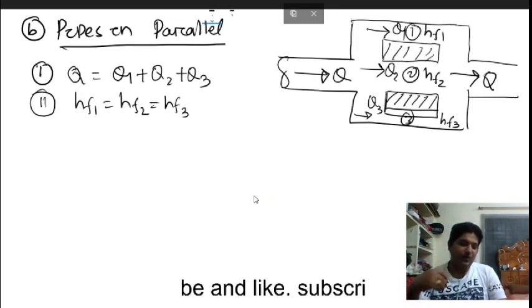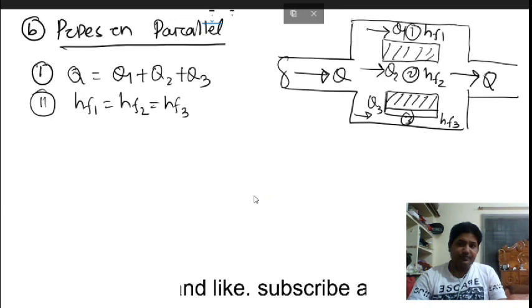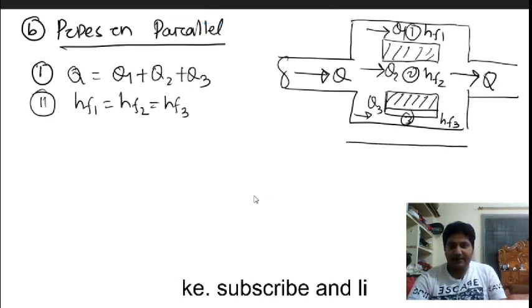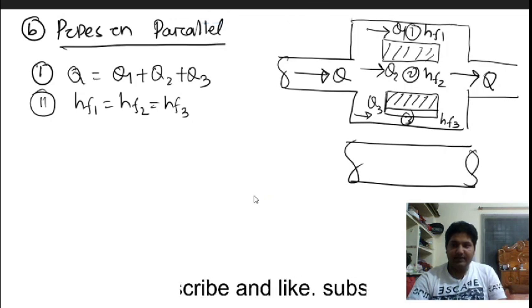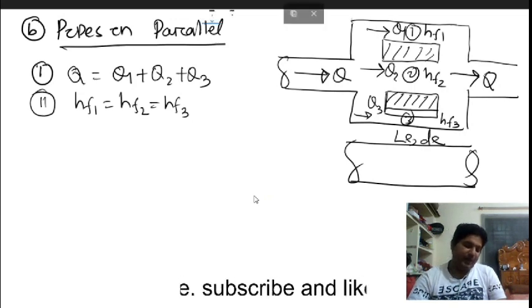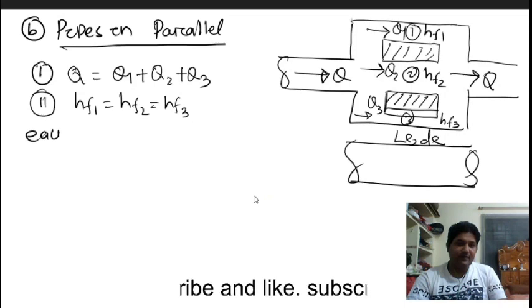Now you have to draw the equivalent pipe. This is my equivalent pipe, its length is LE and the diameter is D. Now, what is the definition of the equivalent pipe?